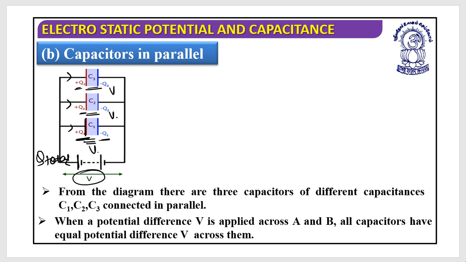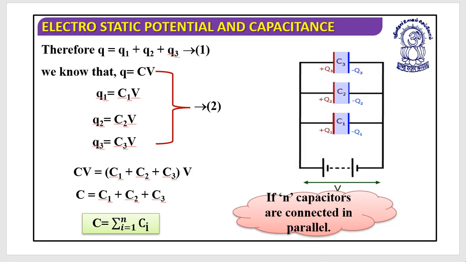So the total charge Q would be equal to Q1 plus Q2 plus Q3. We know that Q is equal to CV. So Q1 is C1V, Q2 is C2V, and Q3 is C3V. If I write this, CV is equal to (C1 plus C2 plus C3) into V. What I can have is C is equal to C1 plus C2 plus C3.